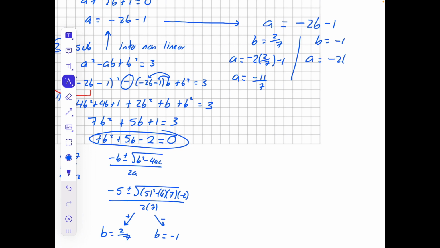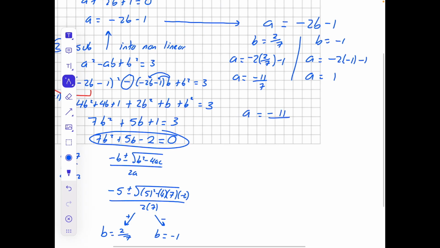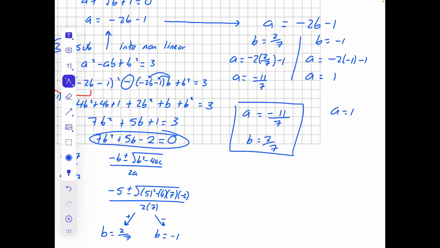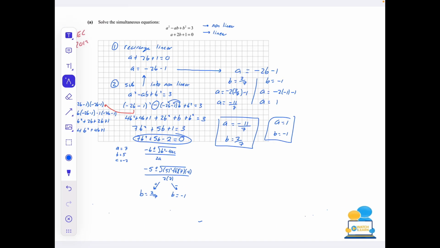Or a is equal to minus 2 by minus 1 minus 1, a is equal to 1 when you pop that into your calculator. So my two sets of answers: a is equal to minus 11 over 7 and b is equal to 2 over 7, that's one pair. Or a is equal to 1 and b is equal to minus 1, that's my other pair.